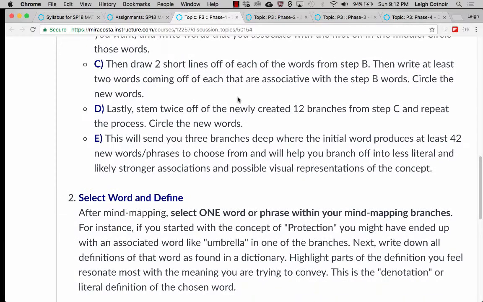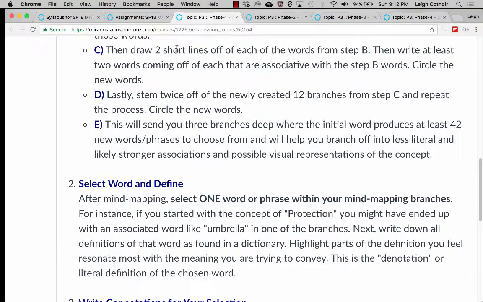Then off of each one of those 6, you're going to draw 2 short lines. You're going to basically repeat the last step, where you come up with words that you associate with that word, and you end up getting into this kind of deep network of concepts.